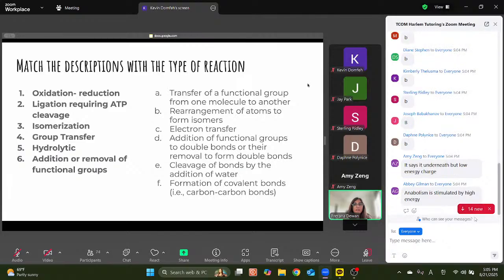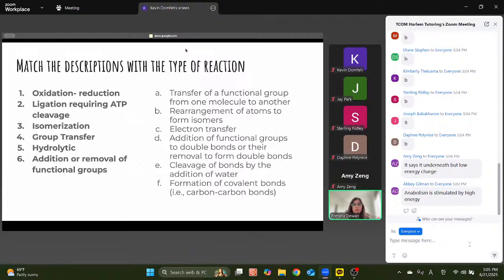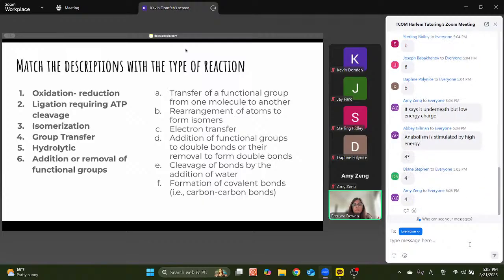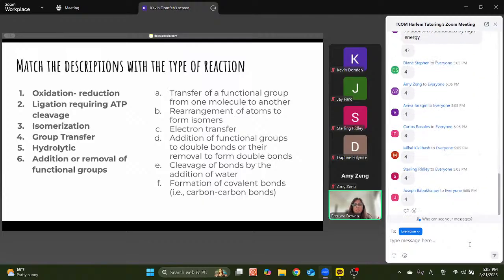All right, next question. So this one is just going over different types of reactions. Let's start with the first one. Which one is transferring a functional group from one molecule to another? Perfect. Yep, that one's pretty straightforward. It's group transfer. So that one would be like ATP donating phosphate to glucose to turn into glucose 6-phosphate.